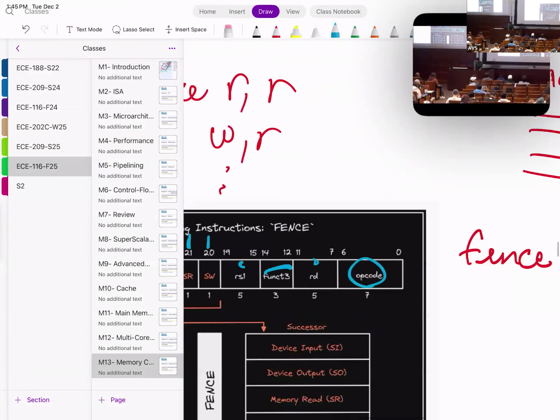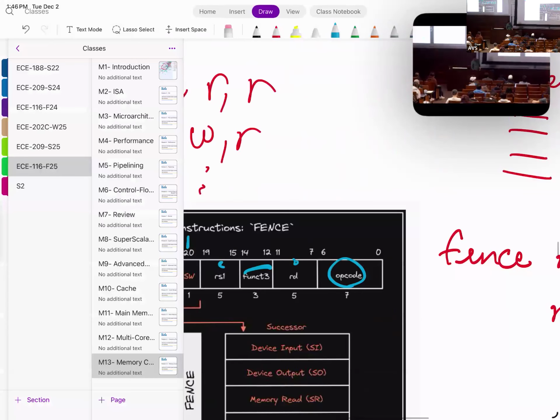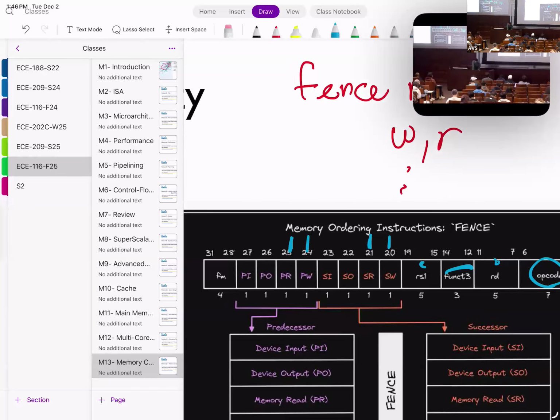This means that I'll do fence RW. Okay? And then if I want to also add the input and output, I can also do II. So that means that fence RWIO means that all the reads and writes and all the IO inputs and outputs should be finished before all the inputs and outputs and all the reads and writes. Does that make sense?